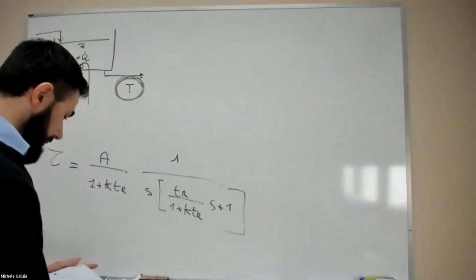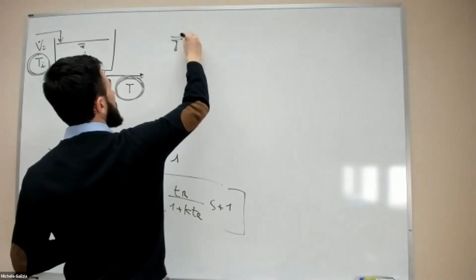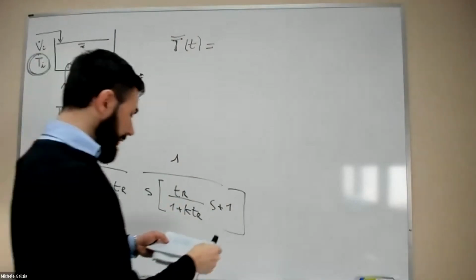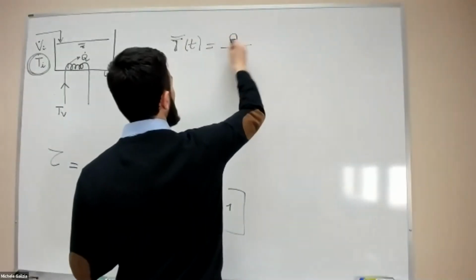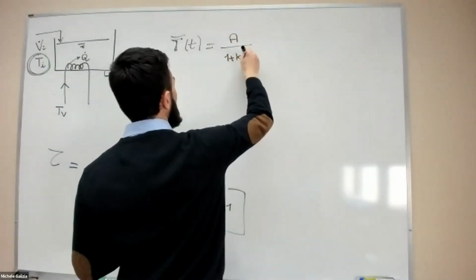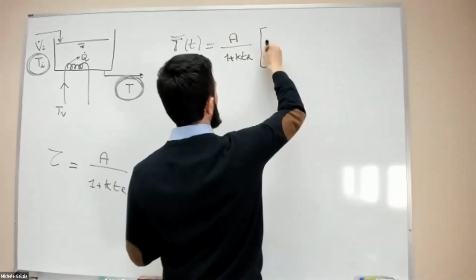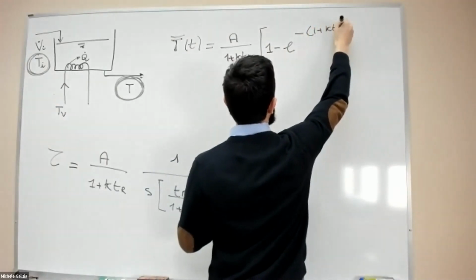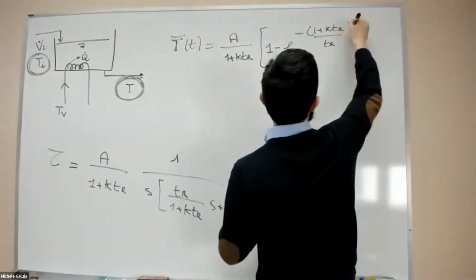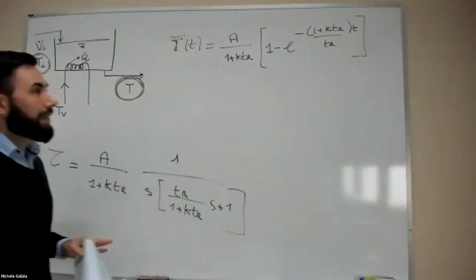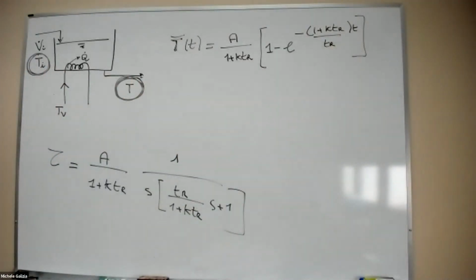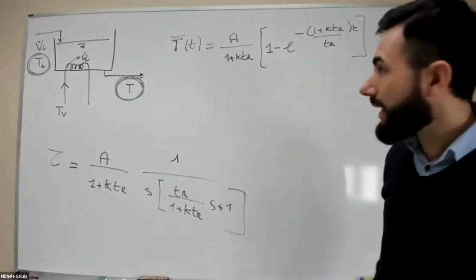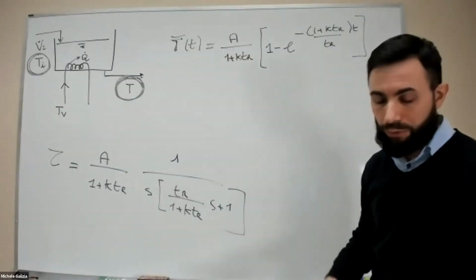So if we anti-transform, and you can use the table directly, you get an expression that is very similar to the one we got before. I would say that it is exactly the same, at least from a mathematical point of view.